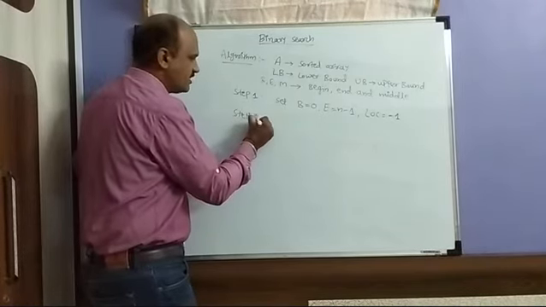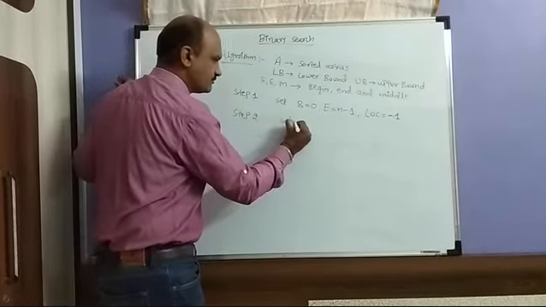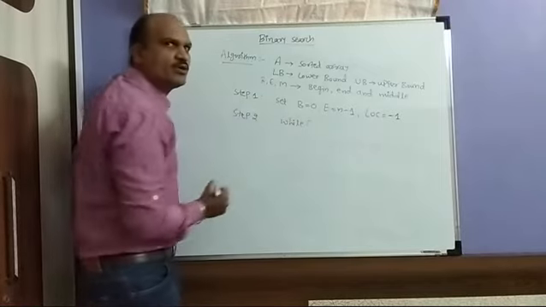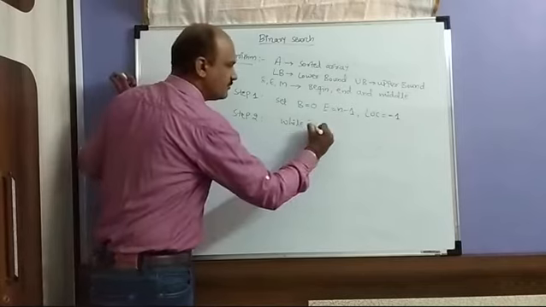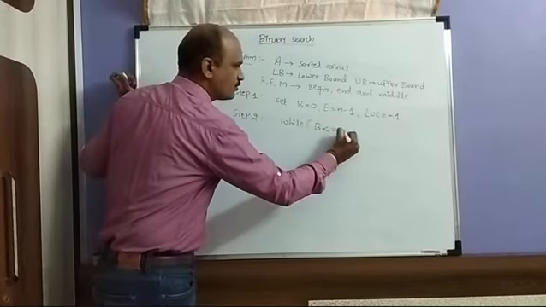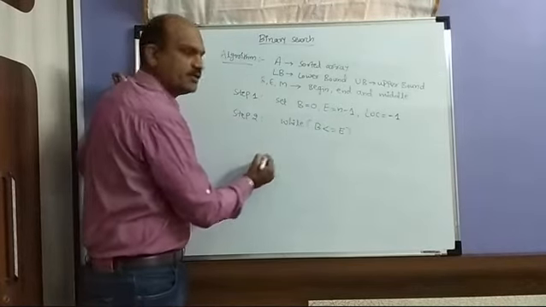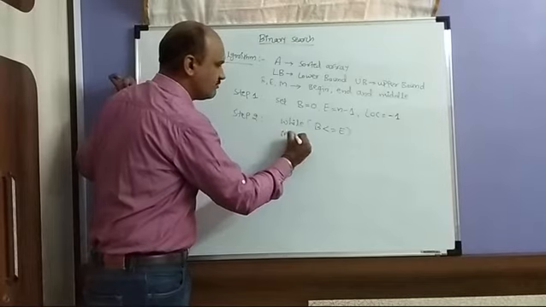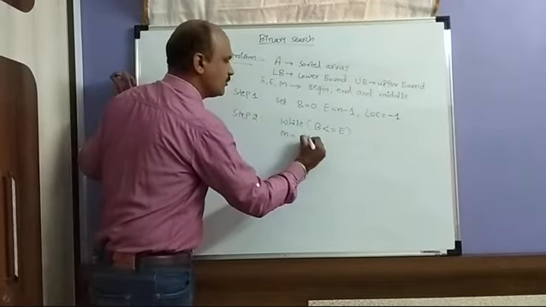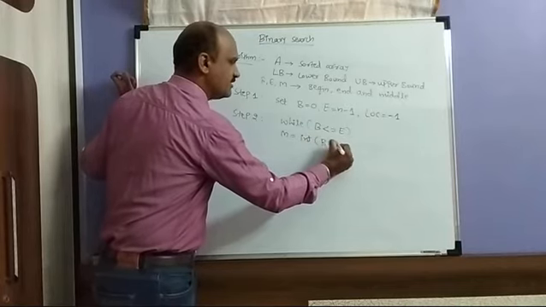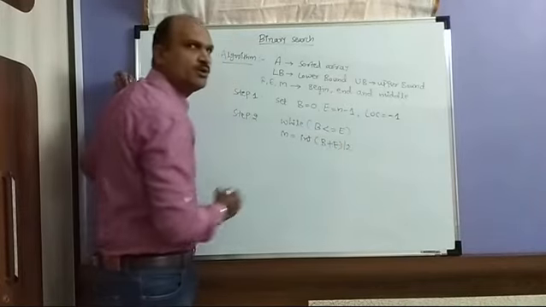In the second step you have to write the condition while. First you have to find the middle element. So while B is less than or equal to E, find the middle element M, which is equal to the integer value of (begin plus end) divided by 2.